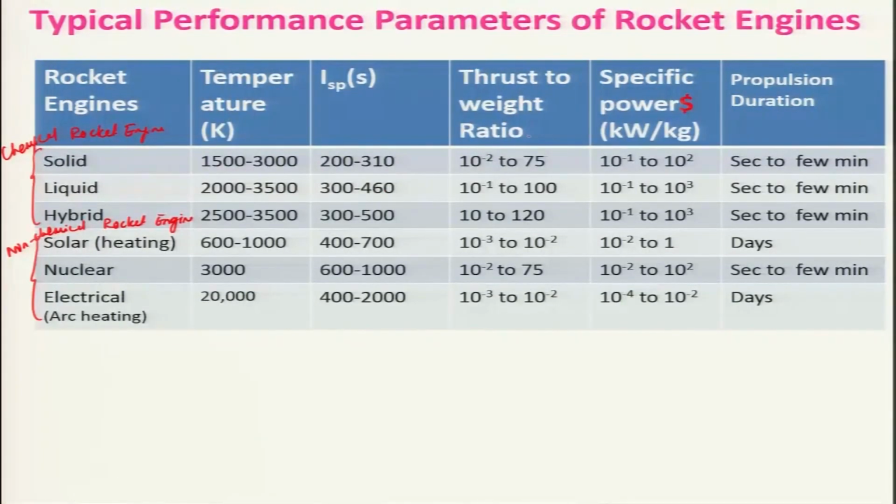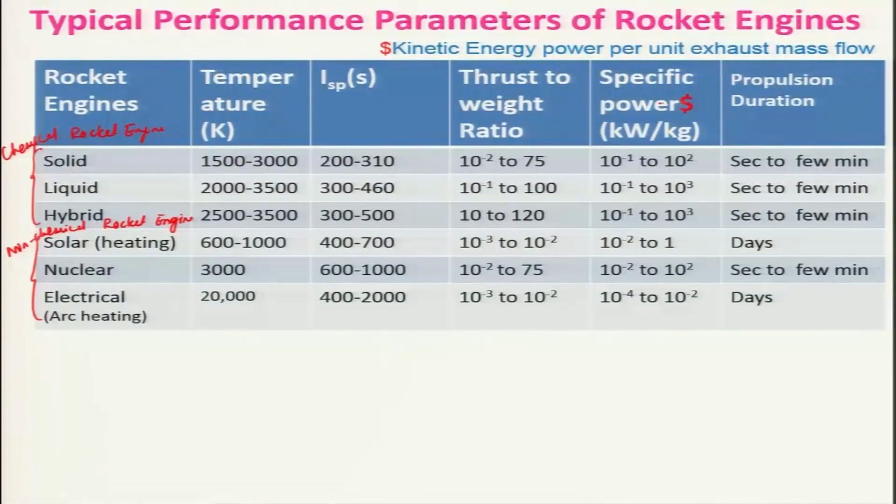But you can see the thrust to weight ratio in the case of a solid propellant rocket engine is something like 10 power to minus 2 to 75. Of course, for liquid and hybrid it is a little higher or highest. And specific power is expressed in kilowatt per kg, and it is the kinetic energy power per unit exhaust mass flow rate that is being assumed.